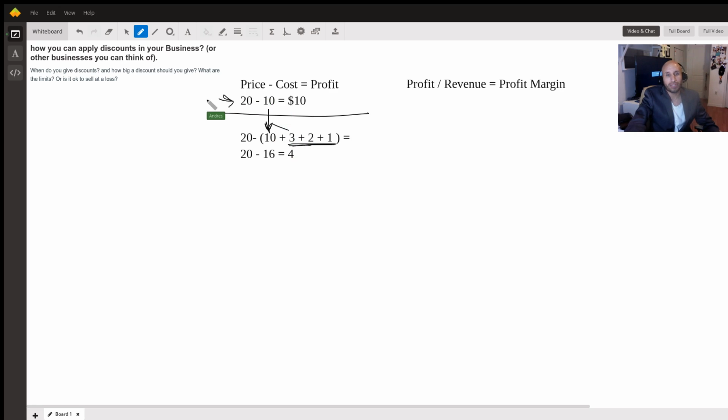So this person could have said, hey, as long as I sell it at $10, I'm going to be okay. I'm not going to walk away with a profit, but I'm not going to walk away with a loss either. So I'm okay with that. But that's not true, because had they sold it for $10, just because they did not know how to calculate their true cost per widget, they would have been losing $6 on every single widget. And I hope you can see it, because the true cost of that same widget is $16. It's this person right here, person B, that incorporated all the right costs and determined that $16 was the right cost.